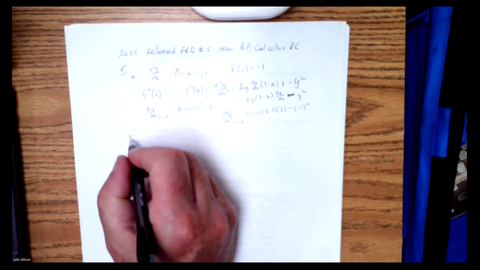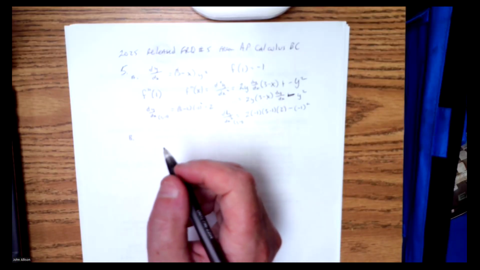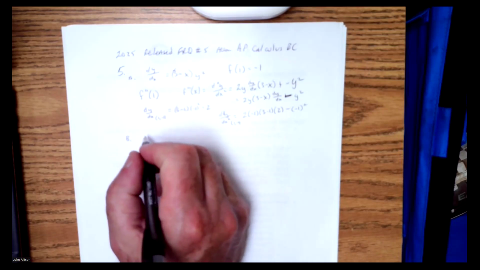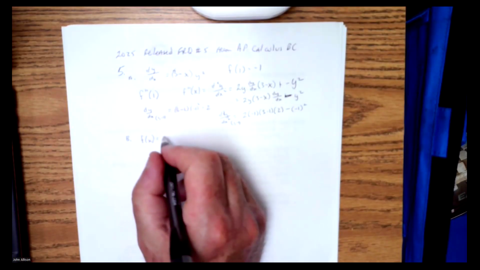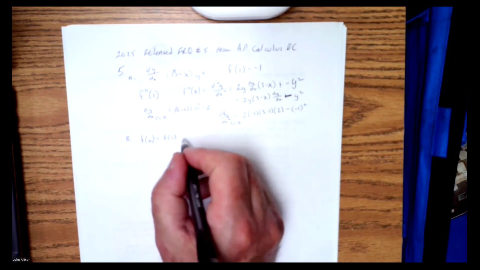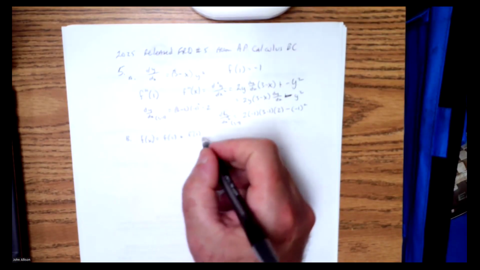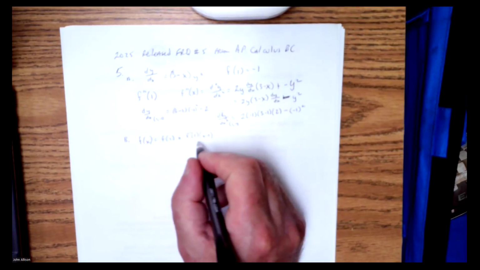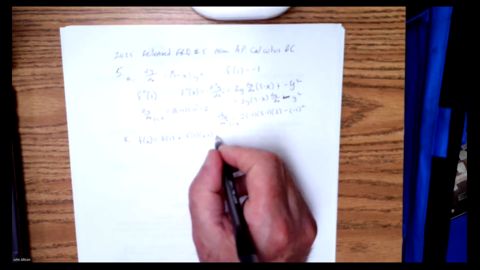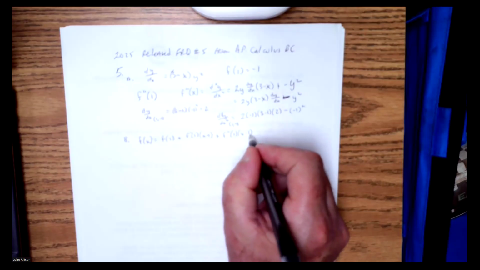B says write the second degree Taylor polynomial for f about x equals 1. So remember that f of x equals f of 1, plus f prime of 1 times (x minus 1) over 1 factorial, which is 1, plus f double prime of 1 times (x minus 1) squared over 2 factorial.